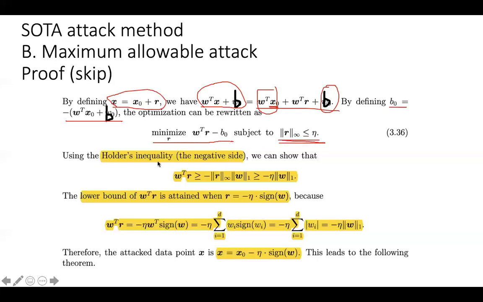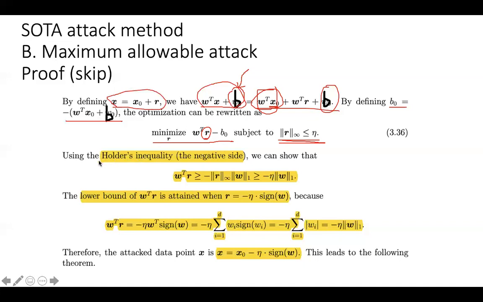This B is a constant, so you transform B into B0 to simplify the formula. We are not interested in those terms, because once we know x0, we know all of them. We just want to know the optimal value for R.